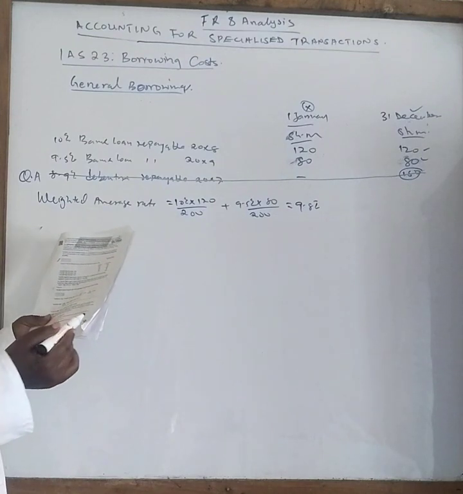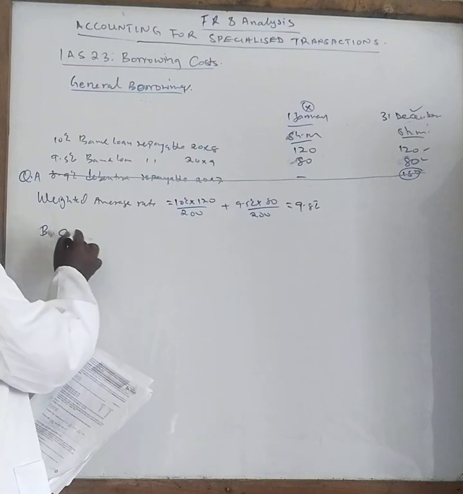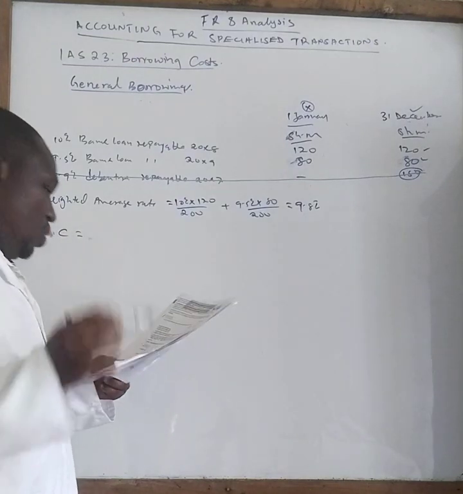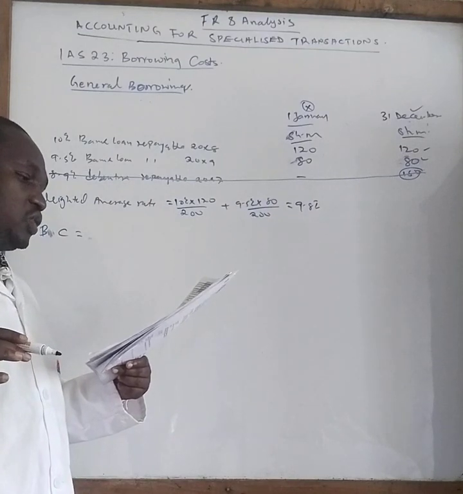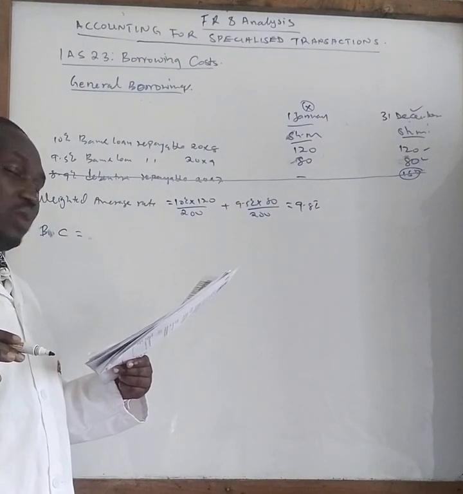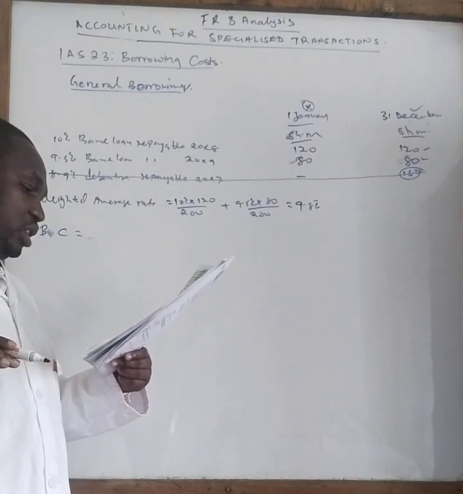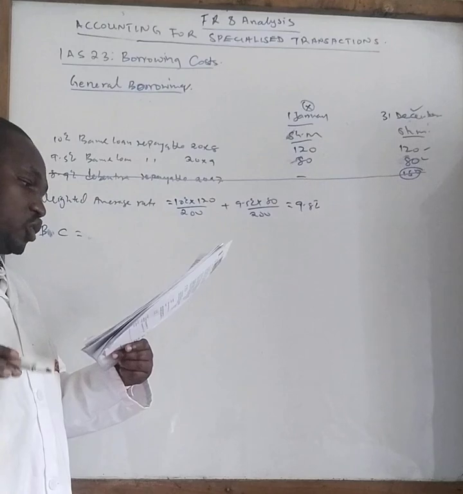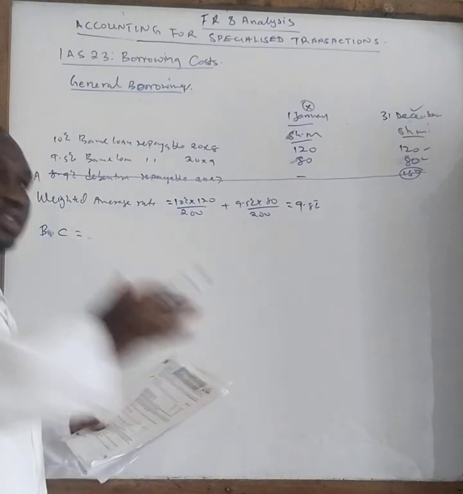So we can now say, borrowing cost will be, we go back to the question. They are saying expenditure drawn down for the construction was 30 million on 1st of January and 20 million from October. So 30 million was drawn 1st of January, so it ran for the whole year.